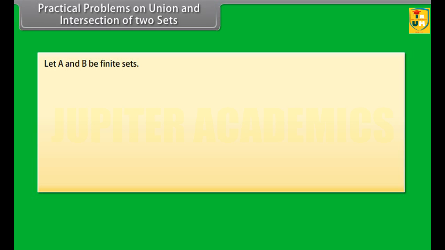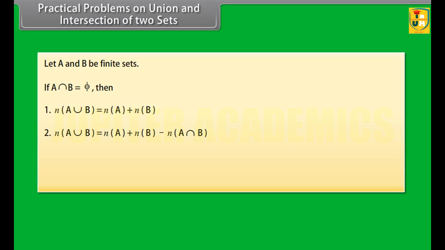Practical problems on union and intersection of two sets. Let A and B be finite sets. If A intersection B is equal to phi, then n(A union B) equals n(A) plus n(B). In general, n(A union B) equals n(A) plus n(B) minus n(A intersection B).